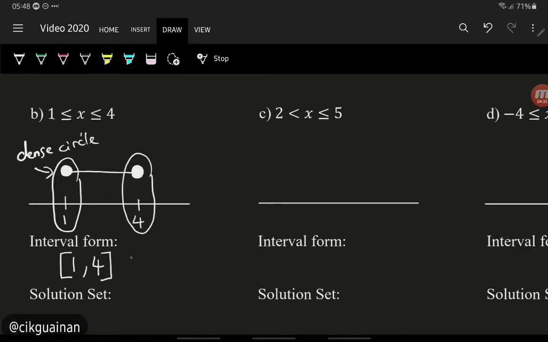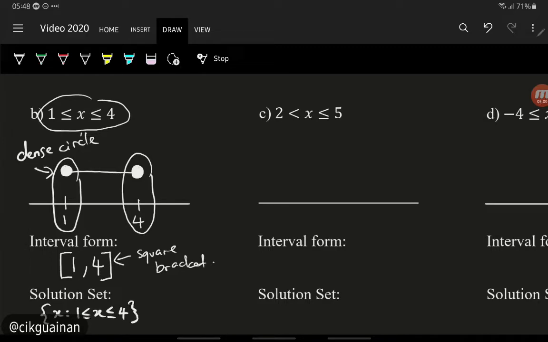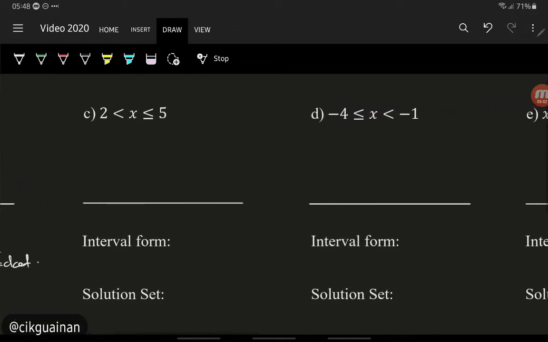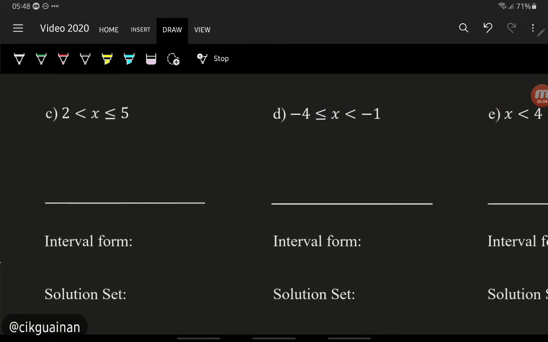So this kind of bracket is what we call a square bracket. It means that the value is included in the interval. Now for the solution set, we just write it like this. Actually, we just copy this whole lot over here. So just copy paste everything. That's it.